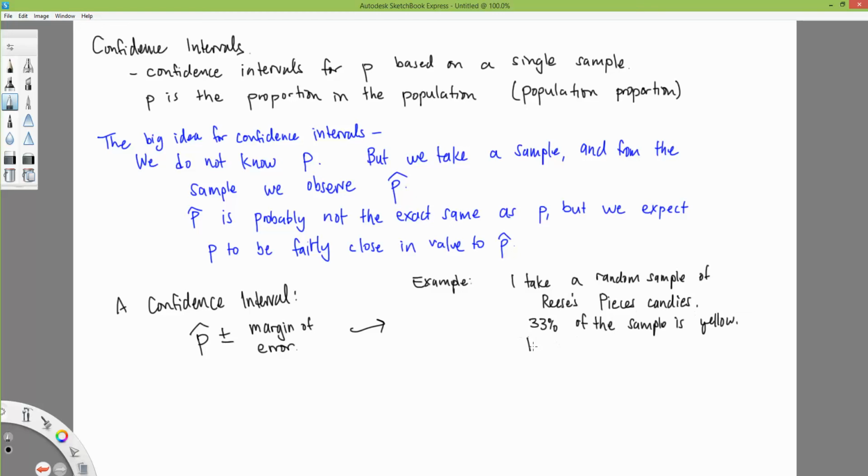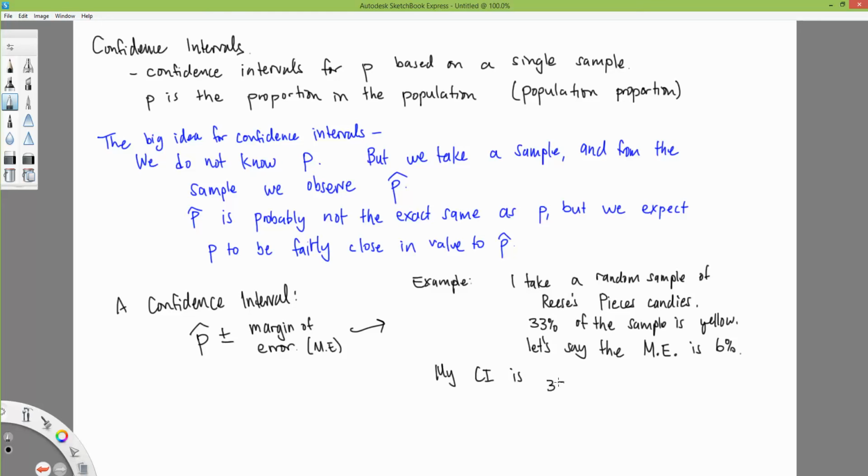Let's say the margin of error, and I'm going to abbreviate that ME, is 6%.